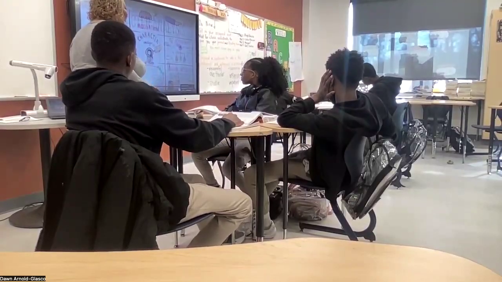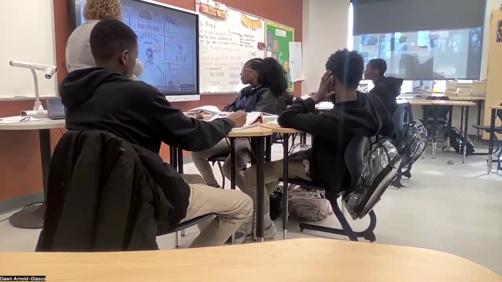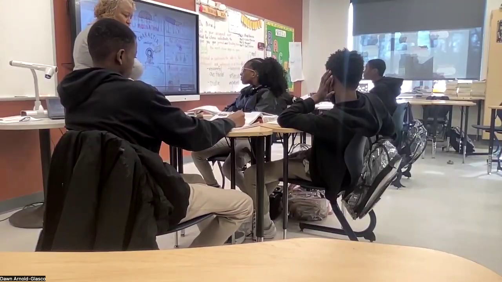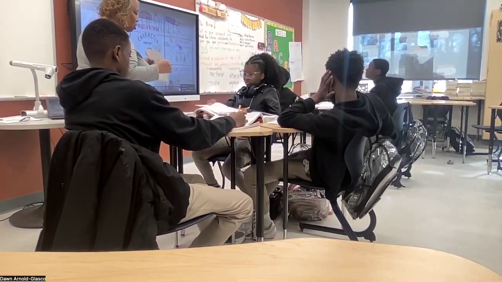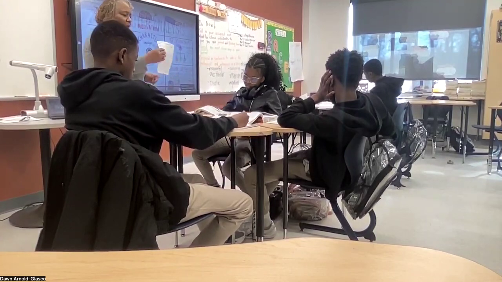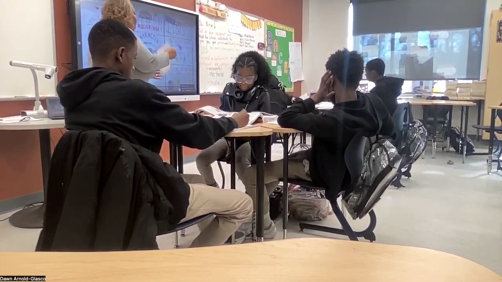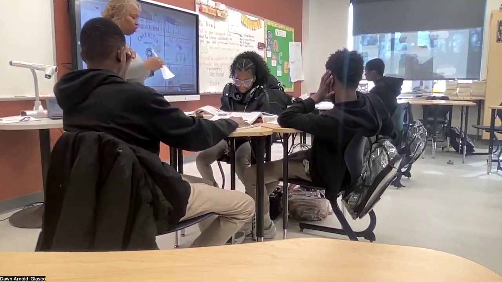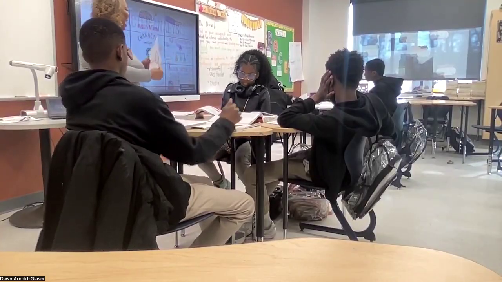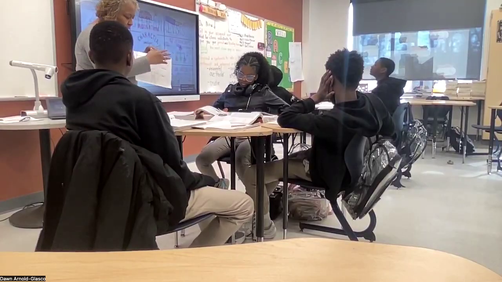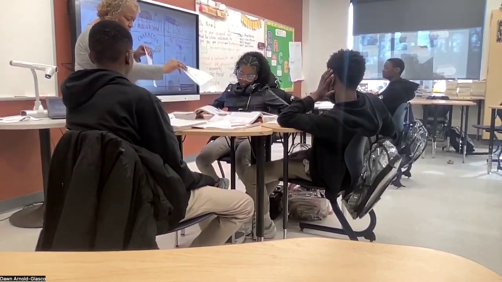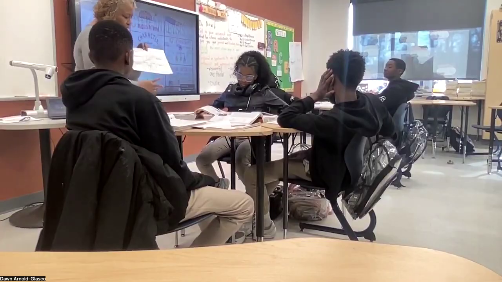Now, what we're going to do is I gave you another sheet. On this sheet, you're going to talk to the people at your table. And we're going to start to develop this character. We're going to analyze the character from the story, Dave, in the story Heartbeat.